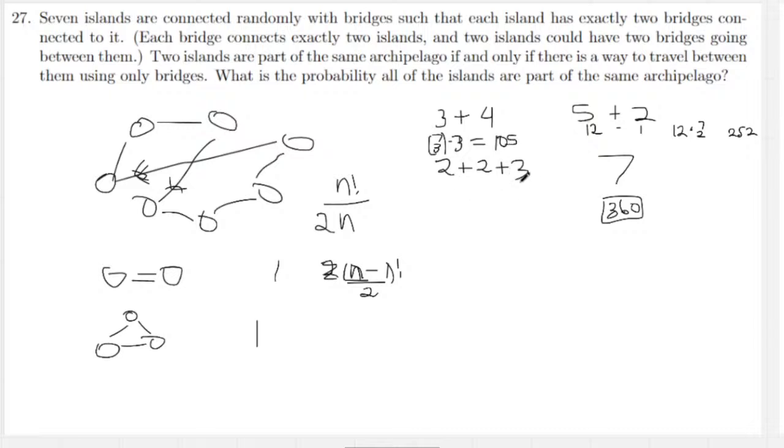Okay, now 2 plus 2 plus 3. Well, let's pick 7 choose 3, and then with the remaining 4 islands, just pick 2, right? And then multiply by, well, there's no actual ways to organize our islands within each archipelago. So this case gives us 7 choose 3 times 6, which is just 210.